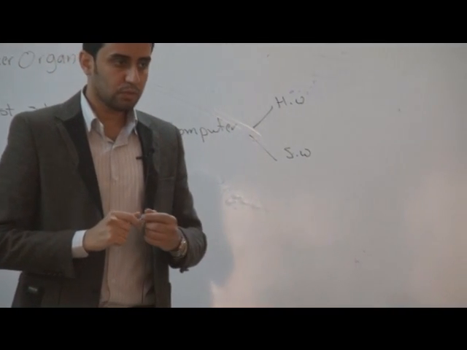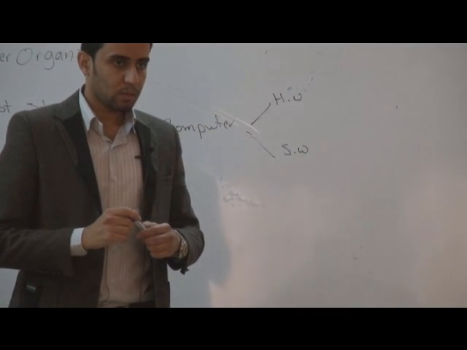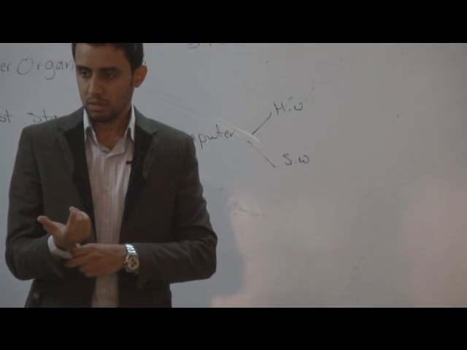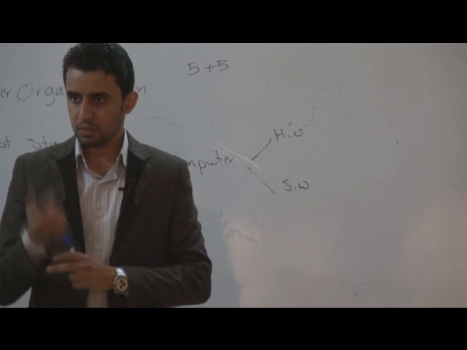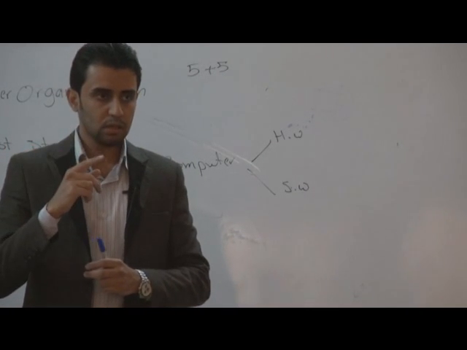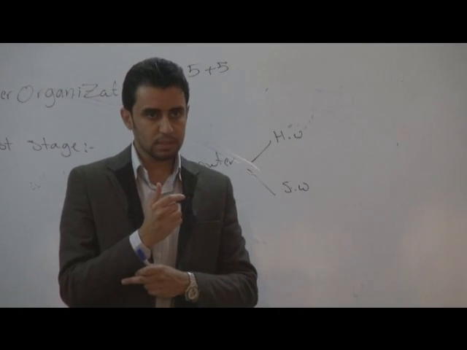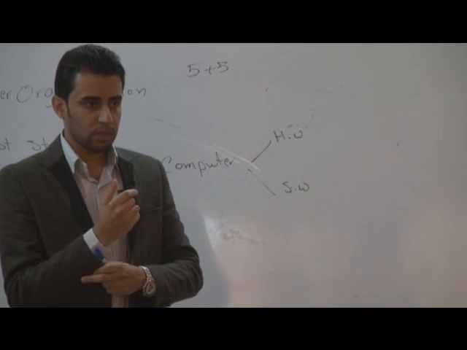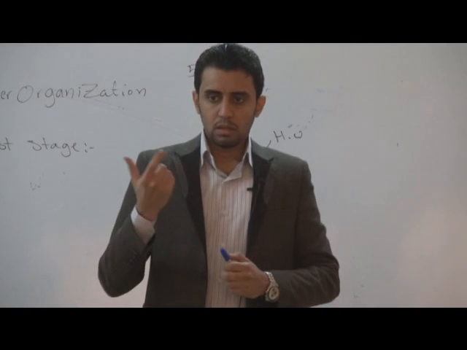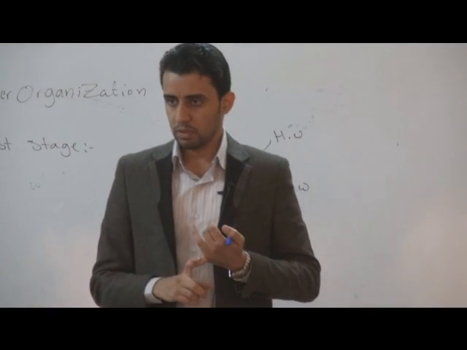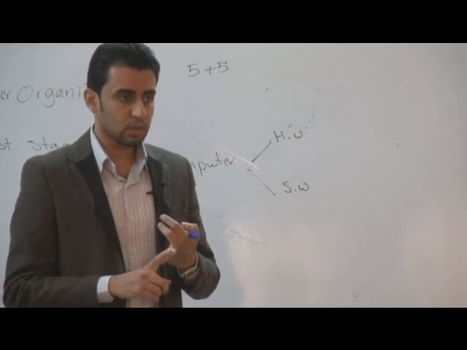What do we mean by software? Programs. Okay. Software, operating system. When we say software, we can say a program is software, and we can say operating system is software.